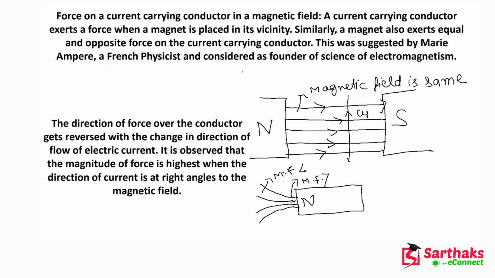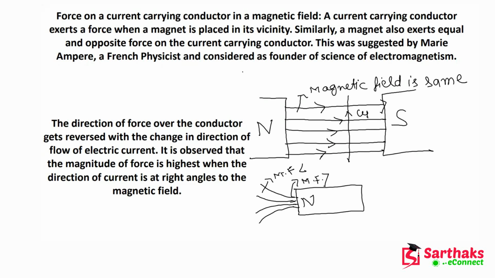Copper is not a magnet, so it will not be attracted or repelled in this magnetic field. But if I flow current inside it, then definitely a force will be exerted on this conductor. Why? Because current has its own magnetic field and it will start acting like a magnet. So this magnet will exert a force on this current carrying conductor. Now we have to find out the direction of that force.